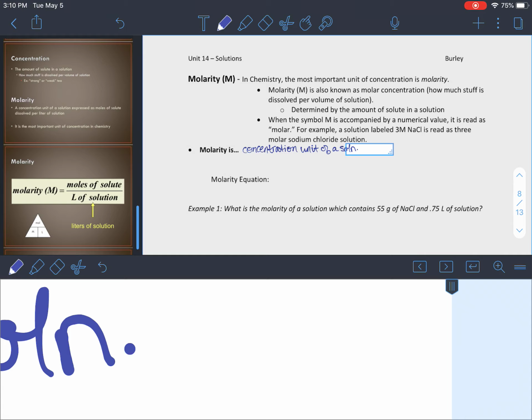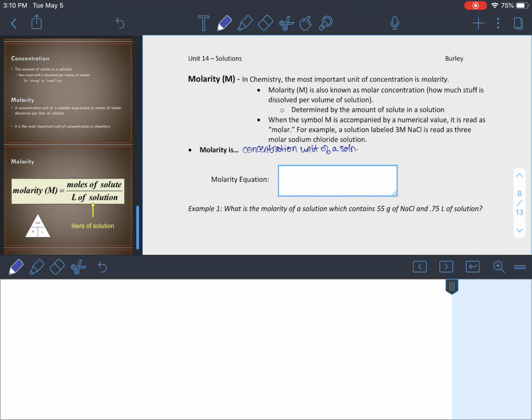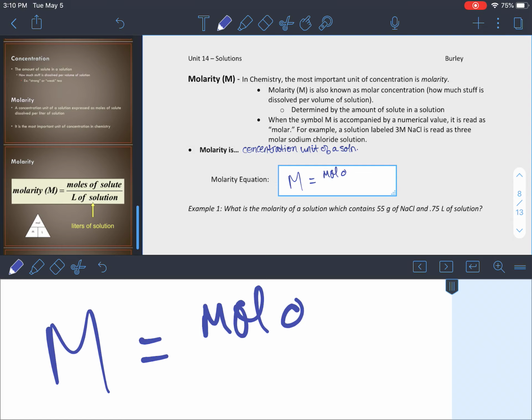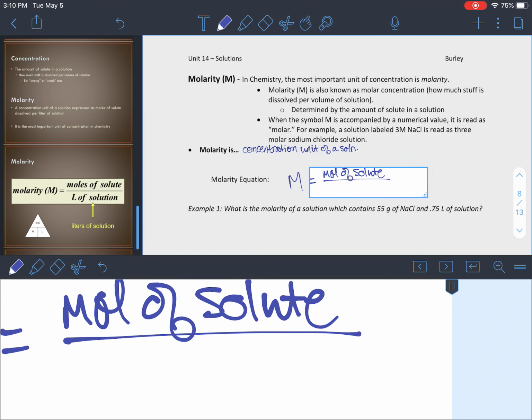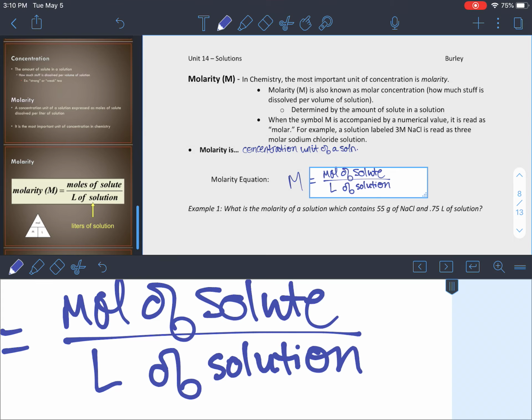And how we represent that in our molarity equation is molarity equals moles of solute per liters of solution. And this is our equation for molarity.